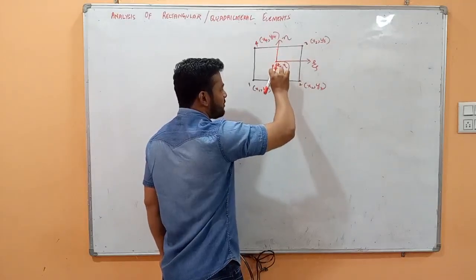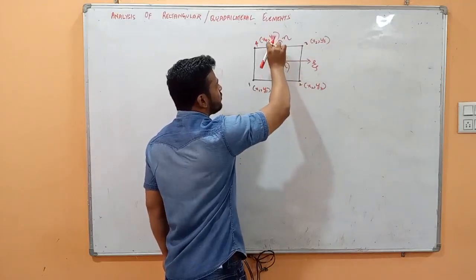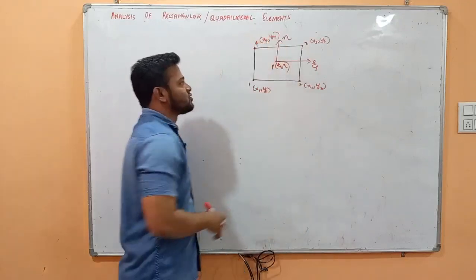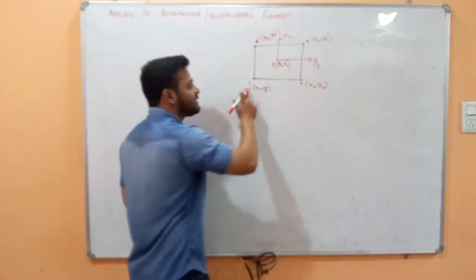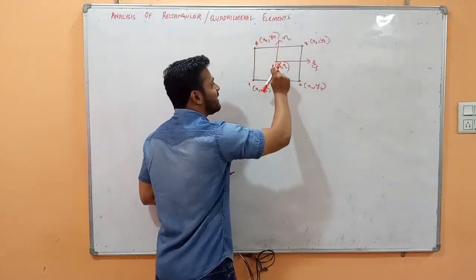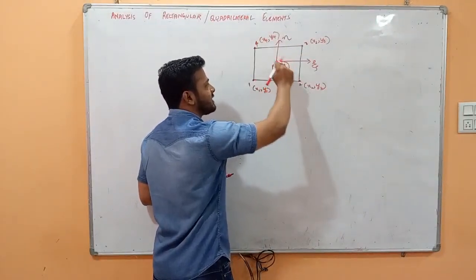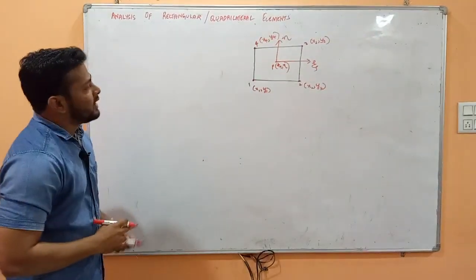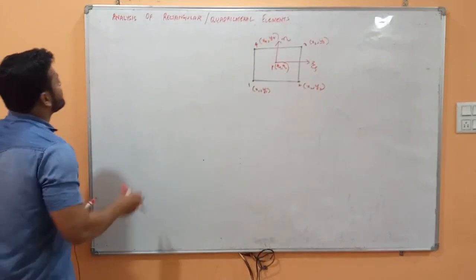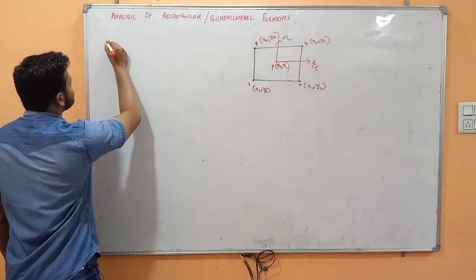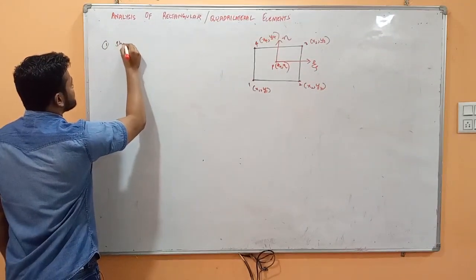If we go to the bottom it will be -1, and if we go to the top it will be +1. So we can determine a rectangular or quadrilateral element by giving these four points, or by giving eta and xi coordinates. There is a relation between them, and we are going to write down all these formulas here. The first formula is the shape functions.